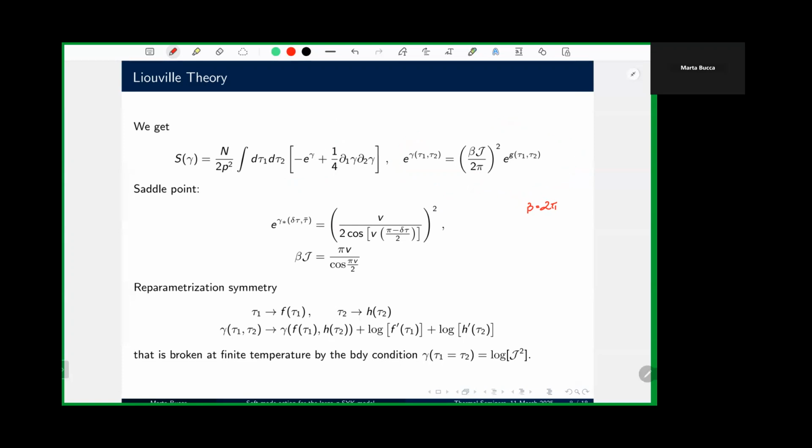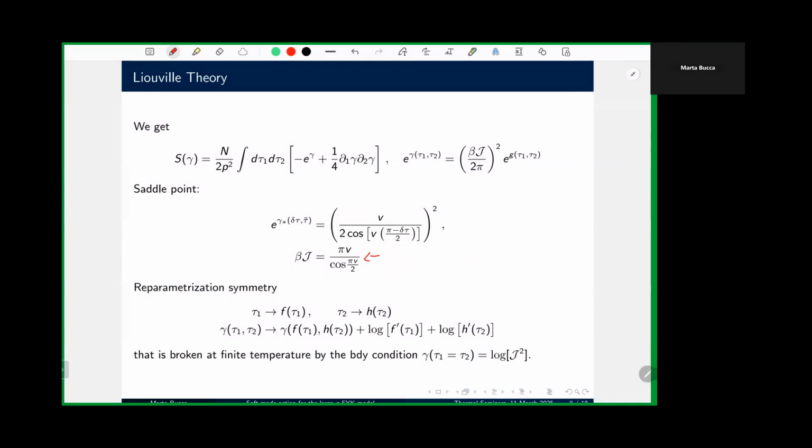We can write a saddle point for our Liouville theory, and it looks like this. e to the gamma for the saddle point is equal to v squared over 4 cos squared of v times pi minus delta tau over 2, where we have now introduced a new parameter, v, that is defined here. So we have beta J is equal to pi v over the cos of pi v over 2.